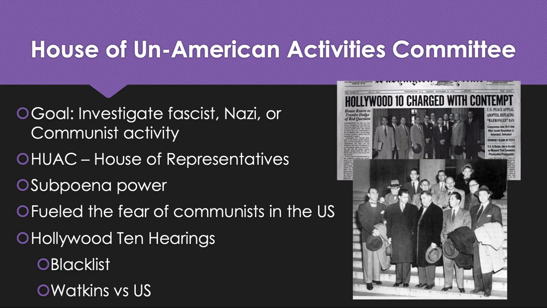Now, the goal of HUAC, which is the House of Un-American Activities Committee, is to investigate fascist, Nazi, or communist activity. And this is going to be formed in 1938. And its role was to look at these organizations that had become very active during the Great Depression and examine the activities of other groups as well on the political left.